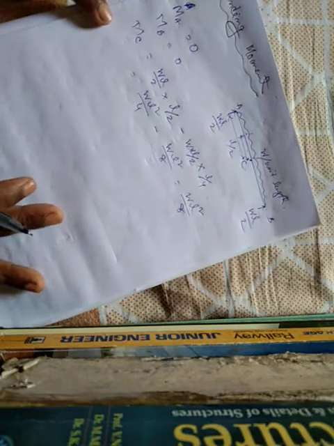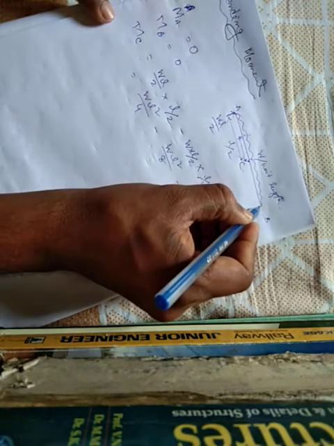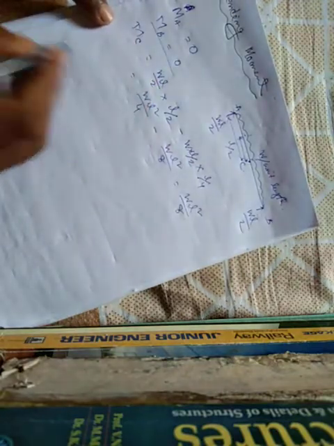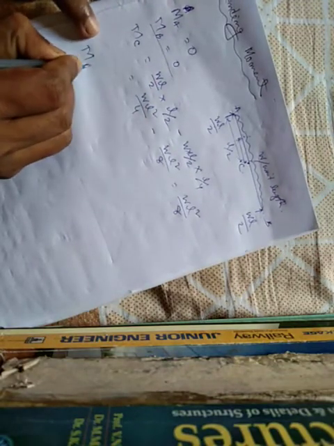Now draw the bending moment diagram. Now find out the bending moment at point B, how it comes 0.